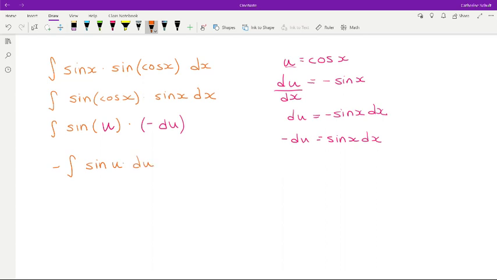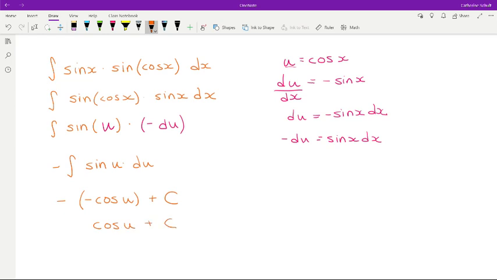Okay, and now what's the integral of sine? Well, if we left the negative there, that would have been fine too, but it cancels out either way. The derivative of negative cosine is positive sine. Minus minus will become plus. And because it's indefinite, we add that plus c.